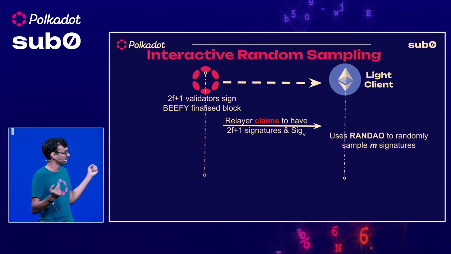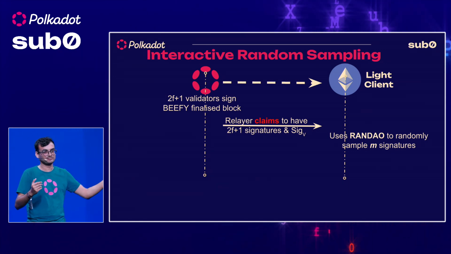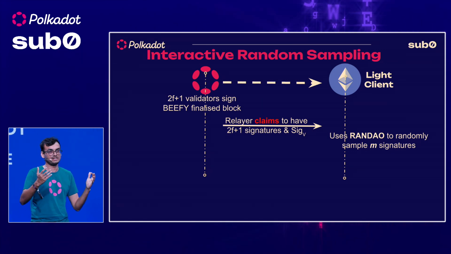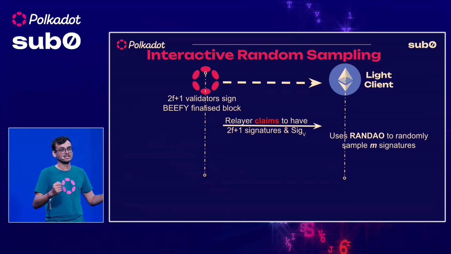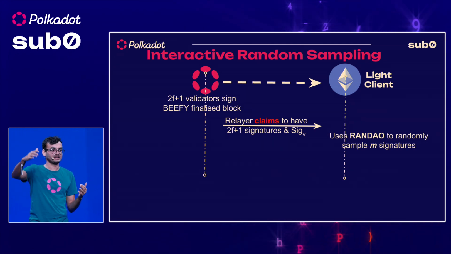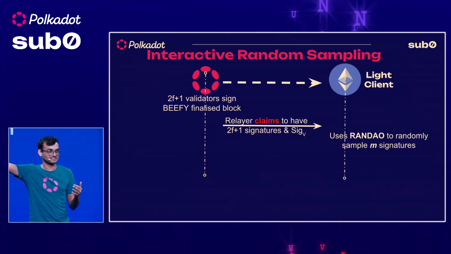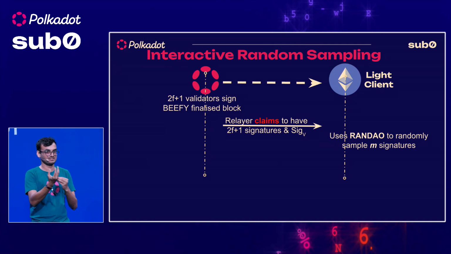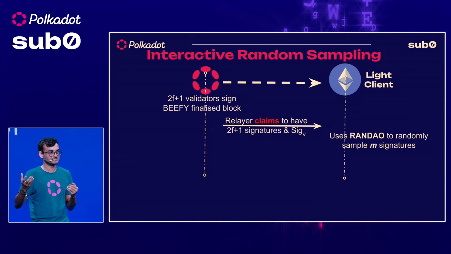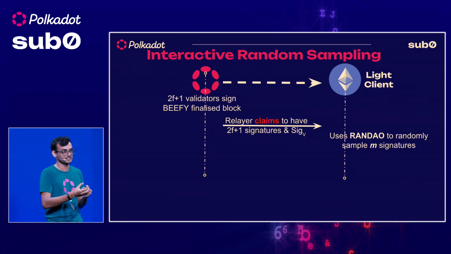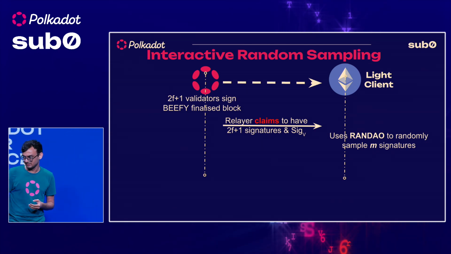So if you say that you have 200 signatures, it will randomly sample maybe 20 or 25 of them and say, okay, you claim you have 200 signatures, give me the 5th, 22nd, 34th, and 47th signature. So instead of verifying every single one of them, it uses unbiasable randomness to only pick a few signatures that it wants to verify.